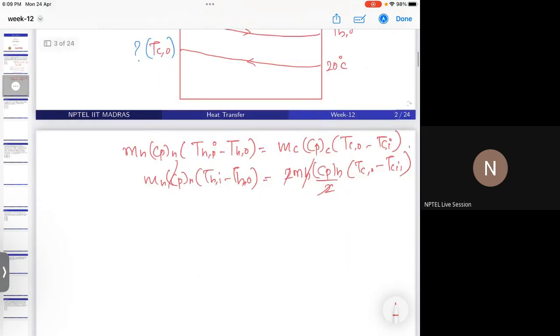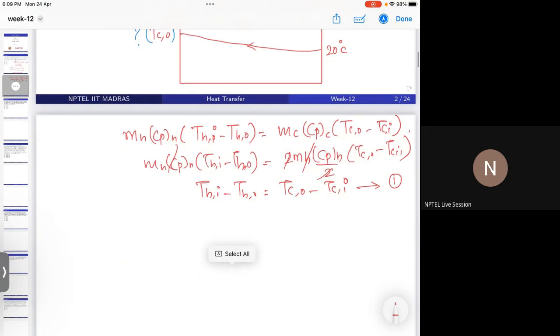So we get THI minus THO is equal to TCO minus TCI. This is equation number one, the first conclusion we have got. This is a special case where both fluids have the same heat capacity.